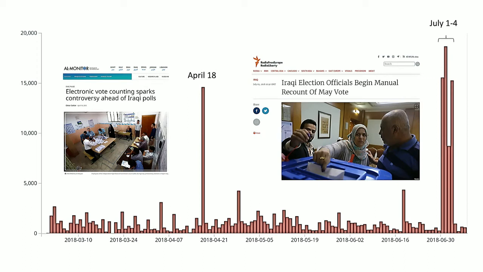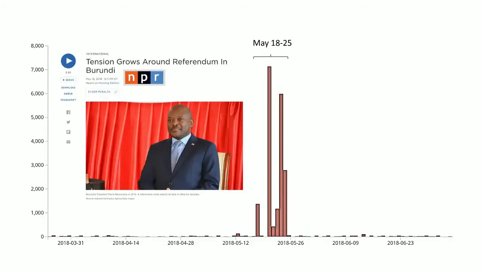Right, it really stands out clearly that there is maybe not only local interest, but an international interest in what's happening there. Here is Burundi, and there's a very clear malware cloud around their referendum.